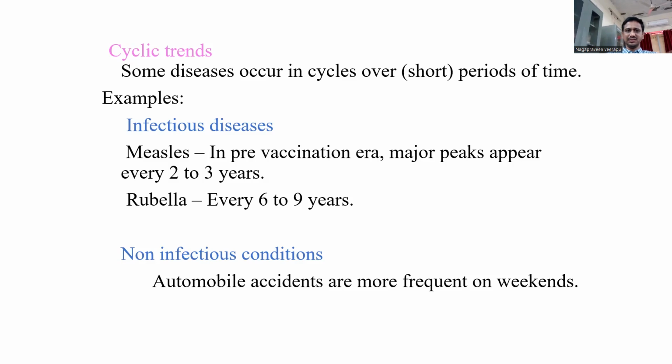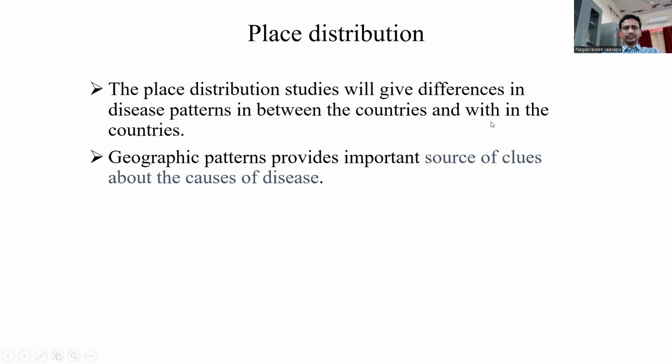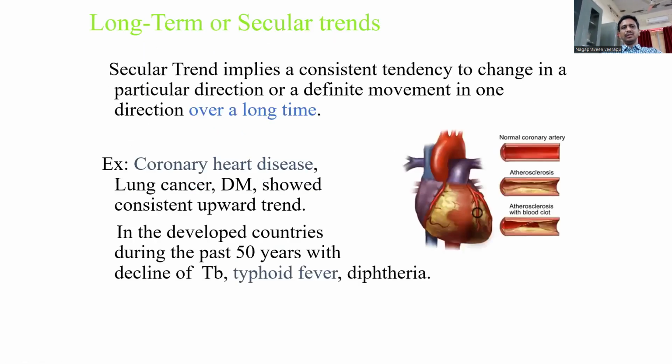Previous was seasonal, where the season affects this. Here, cyclical takes some period of time. There are also long-term or secular trends. Secular trend implies a consistent tendency to change in a particular direction, a definite movement in one direction over a long period of time.